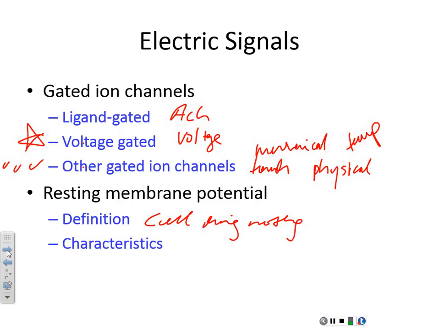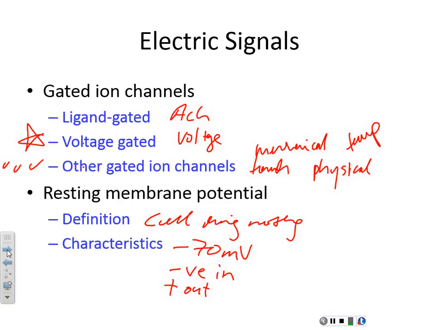So, characteristics of resting membrane potential. It's minus 70 millivolts, right? If you start with that, then you know, of course, that the inside is more negative and more positive outside. Okay, what else? There are negatively charged ions.